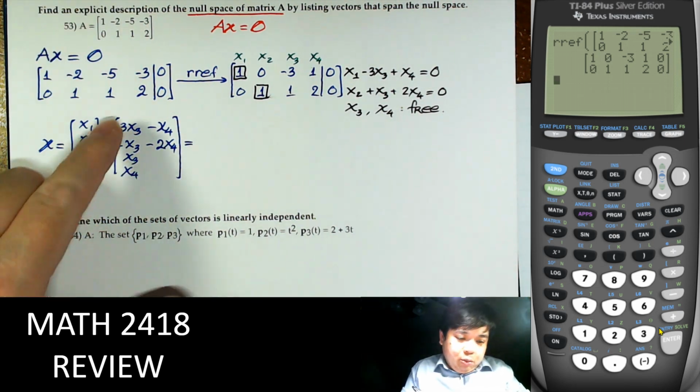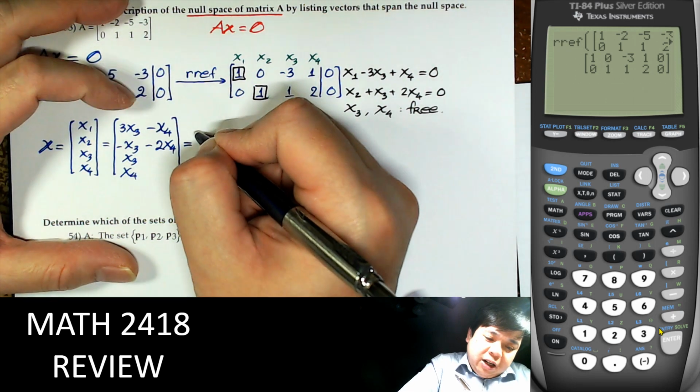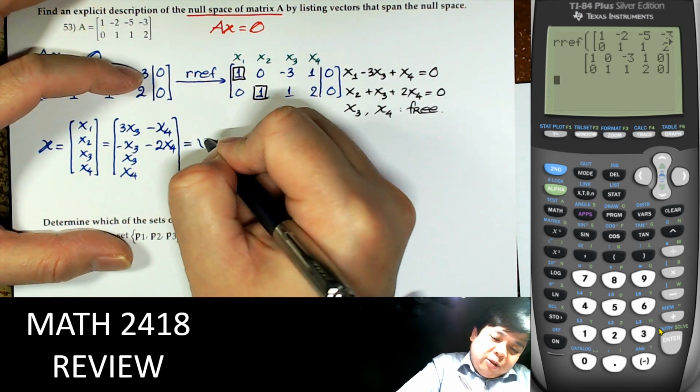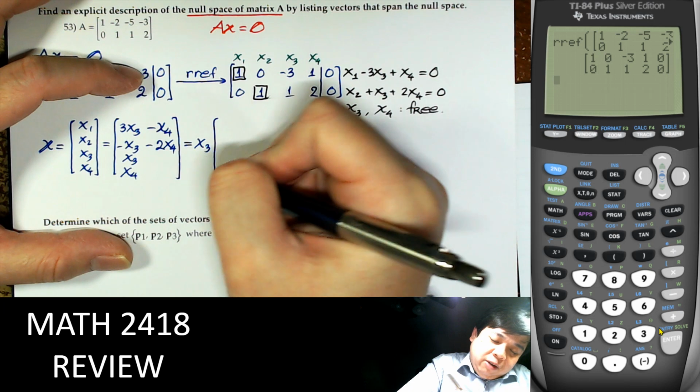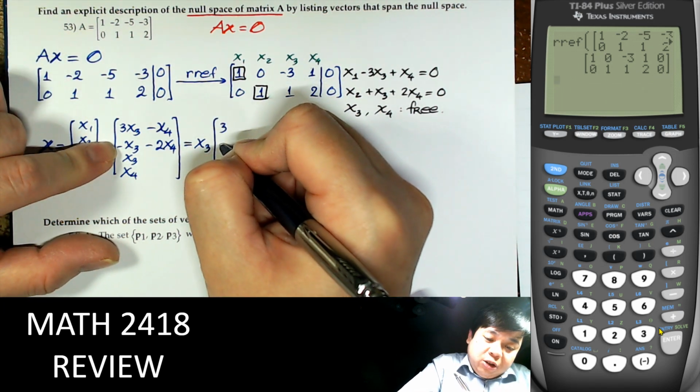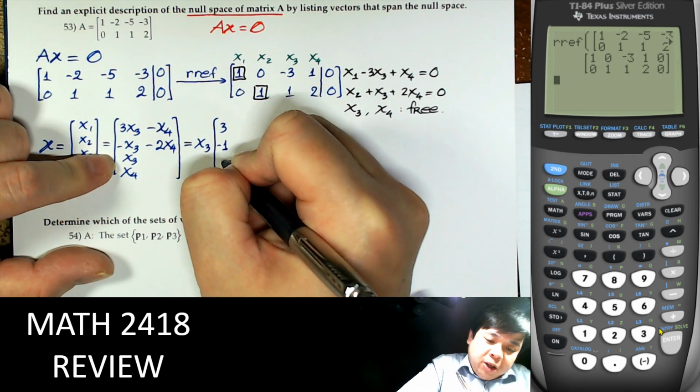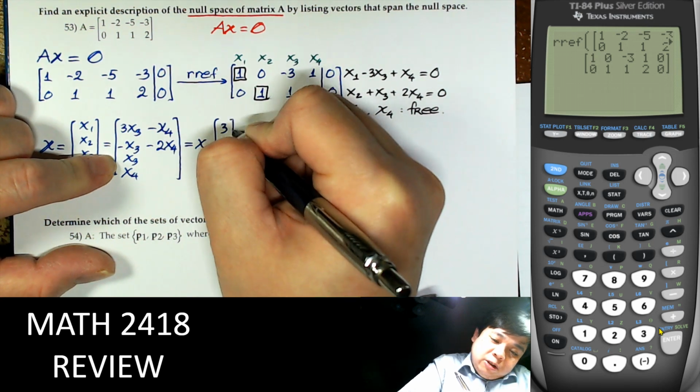Now if we group all the x3 together and factor it out, we will have the vector of 3, negative 1, 1, and 0 times x3.